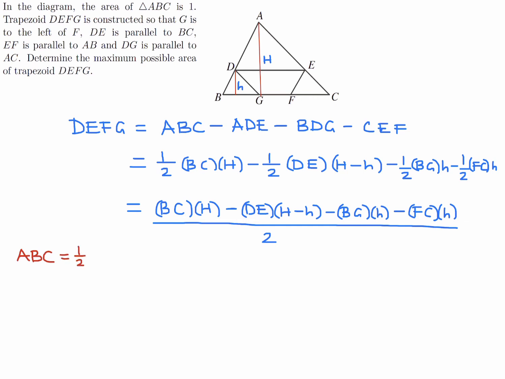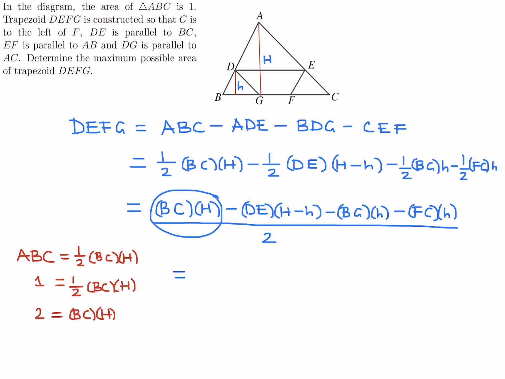Base of ABC is BC, and the height is big H. And they tell me that area is 1. So if I were to simplify this, the most that I can do is just bring the 2 over and make this 2 equal to BC times H. That's about as far as I can go with that information. And that helps me a little bit because BC times H is right here. So instead of putting BC times H, I can just put number 2, and the rest will be all the same.